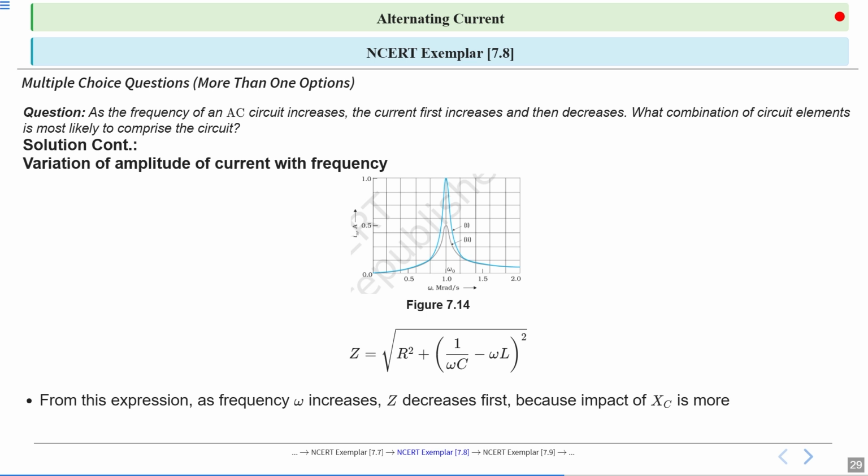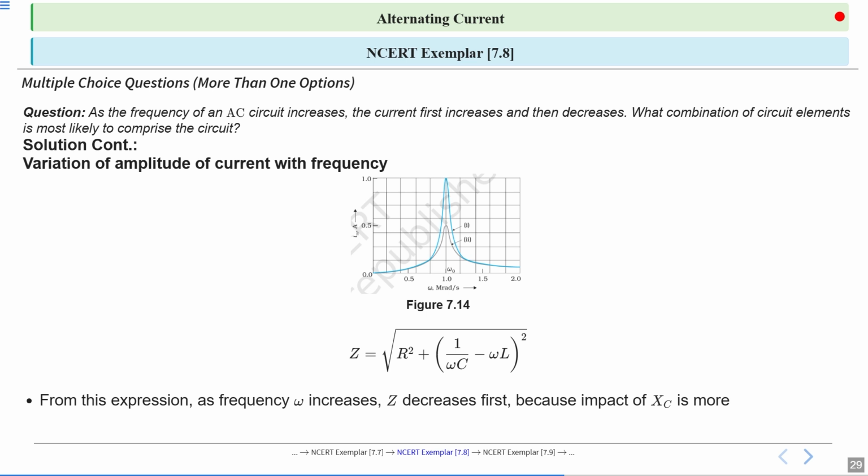At a particular frequency, XC and XL will come to the same value. At this value, XL becomes equal to XC, the difference becomes 0, Z becomes R, resonance occurs and we achieve the maximum value of current.